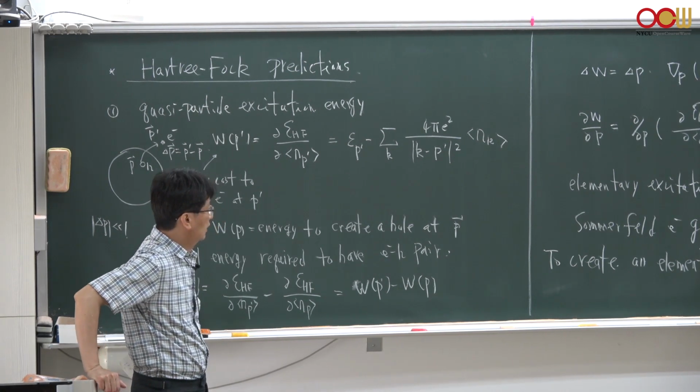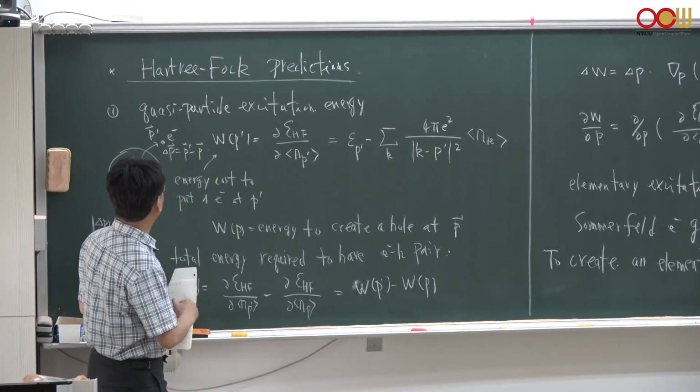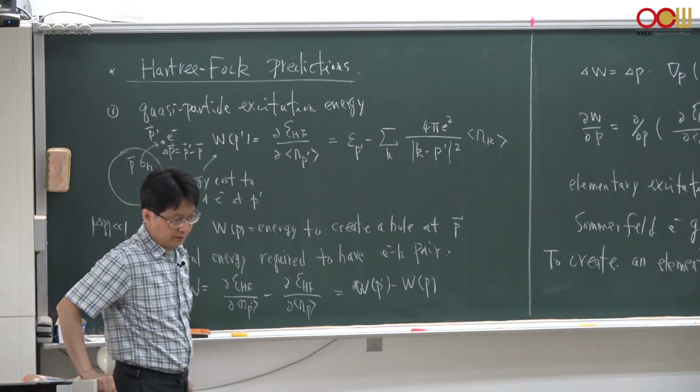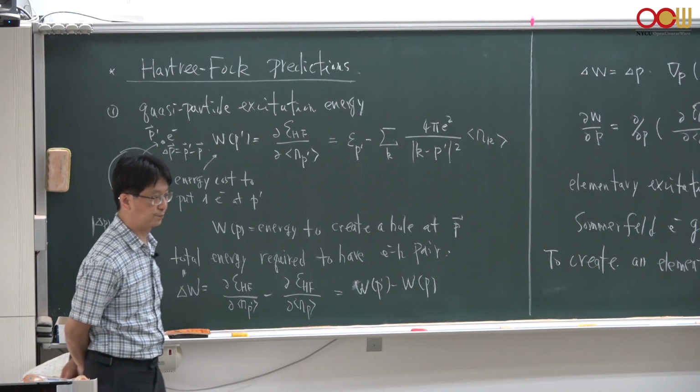So the first quantity that we would like to compute is the quasi-particle excitation energy, or the particle-hole pair energy for ordinary metals near the Fermi surface.